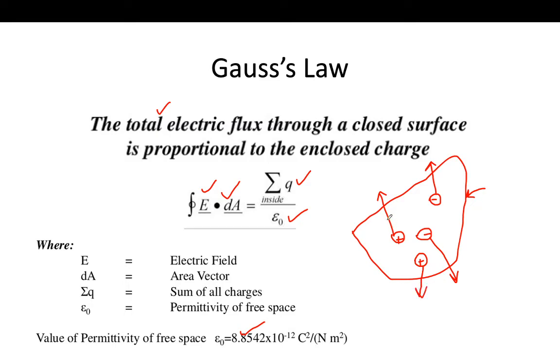So what is passing through this surface is called electric flux, and the calculation of this in a closed body is called Gauss's law. So this is the Gaussian surface, and charges are inside that, and the electric field lines passing through this surface, their calculation is Gauss's law.